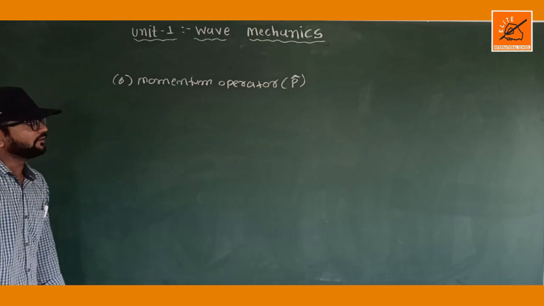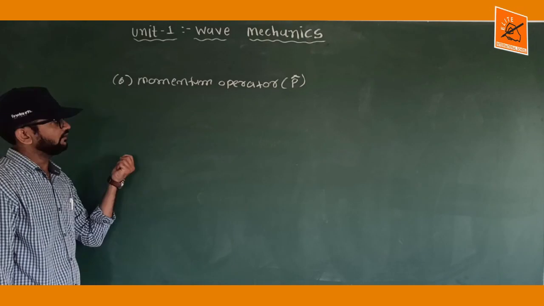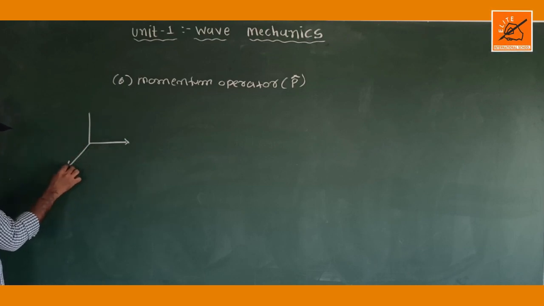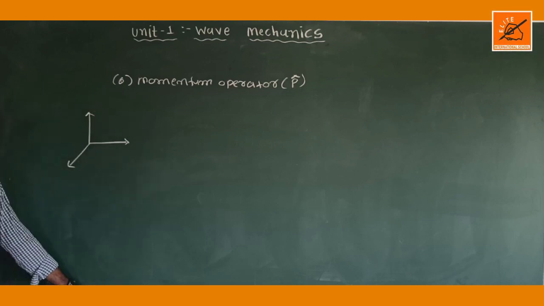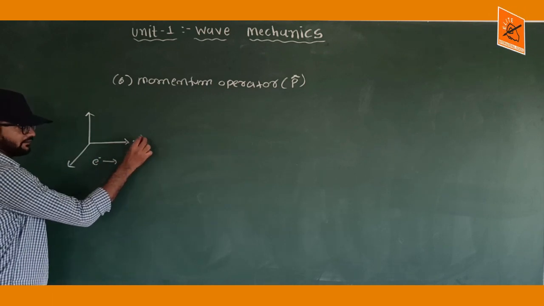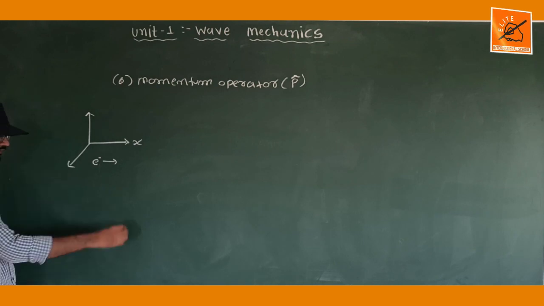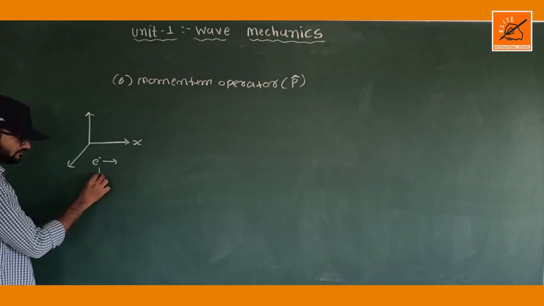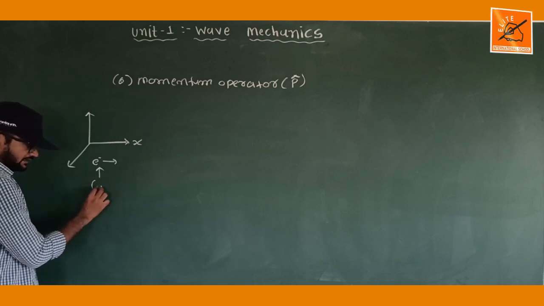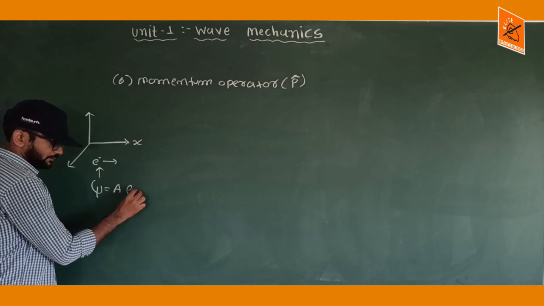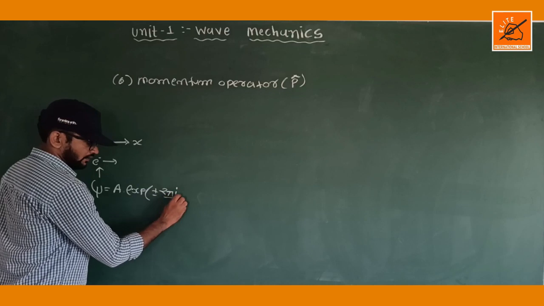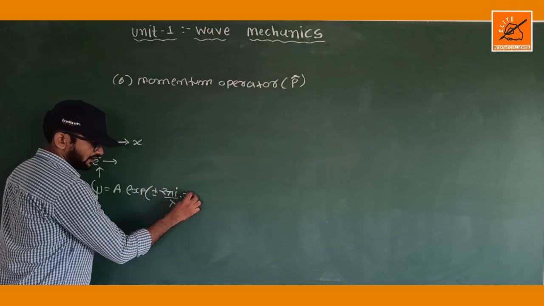From the momentum operator, suppose we assume any microscopic particle like an electron is traveling along the x direction. Now the wave function of this electron is psi equal to A exponential plus or minus 2 pi i upon lambda into x.